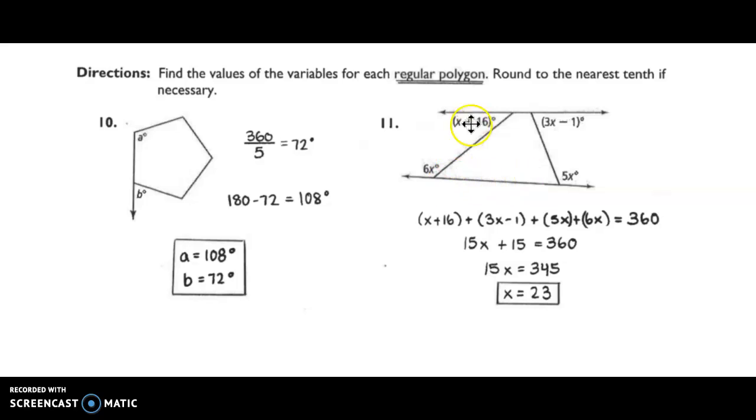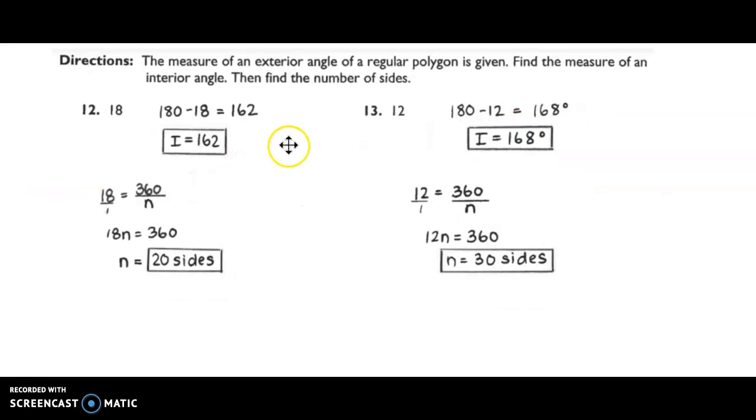This is a four-sided figure. Again, these are all exterior angles. If these are the sides, then each of these angles are the exterior angles, so if we add them up, it equals 360.